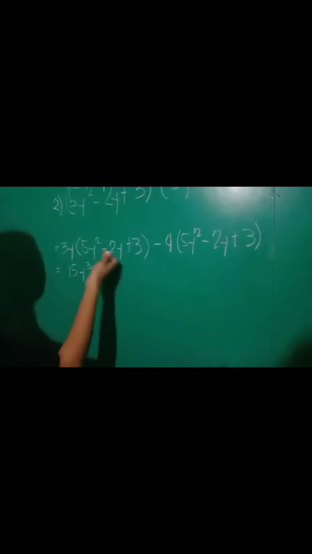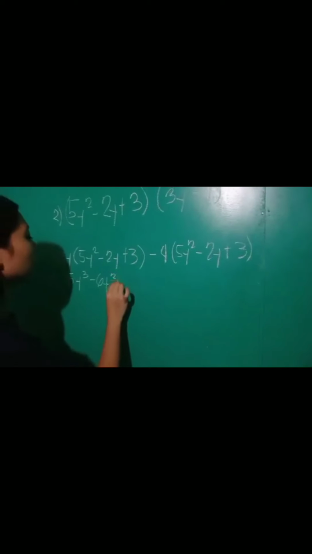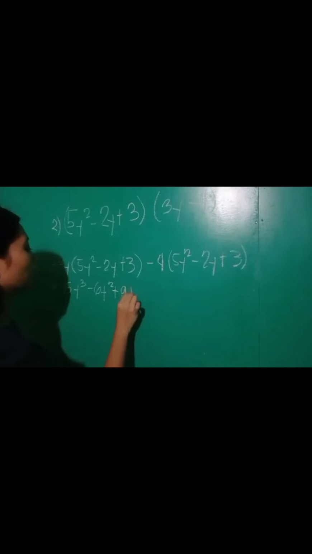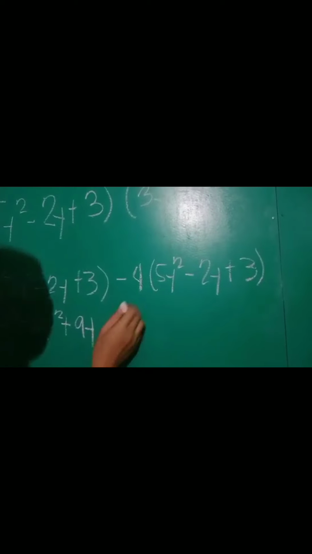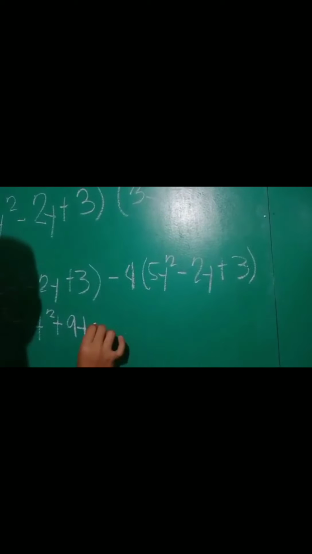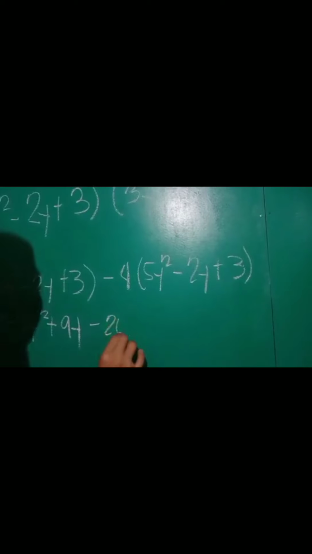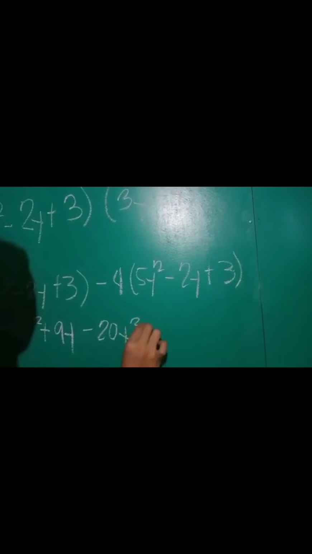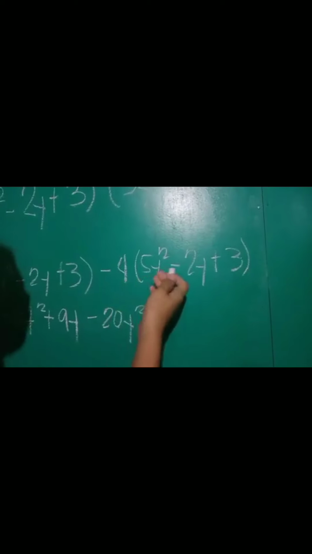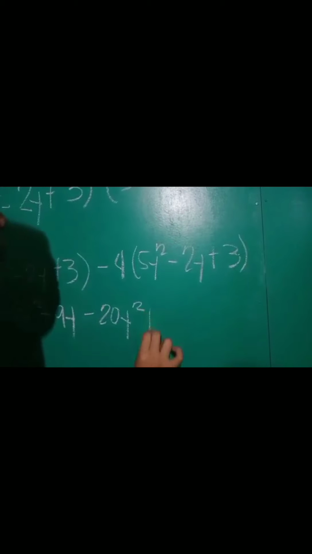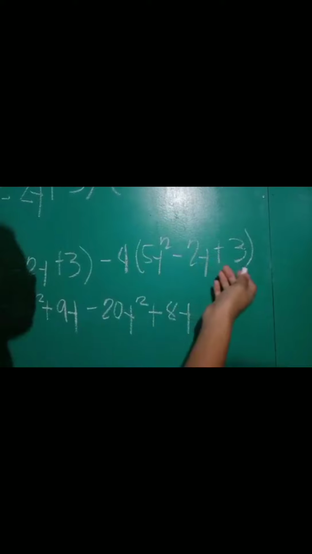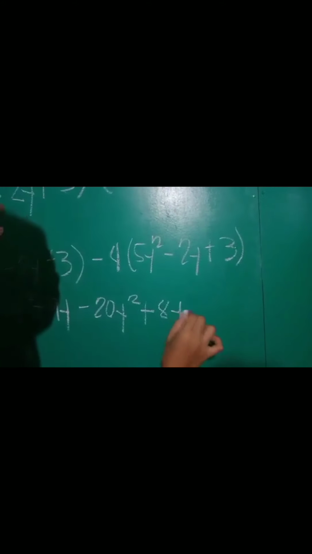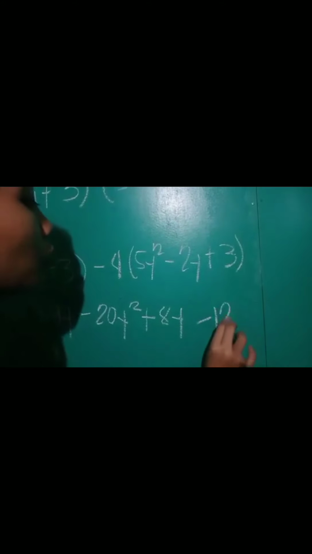Next, 3y times 3 equals 9y. Then negative 4 times 5y squared equals negative 20y squared. Negative 4 times negative 2y equals positive 8y. Then negative 4 times positive 3 equals negative 12.